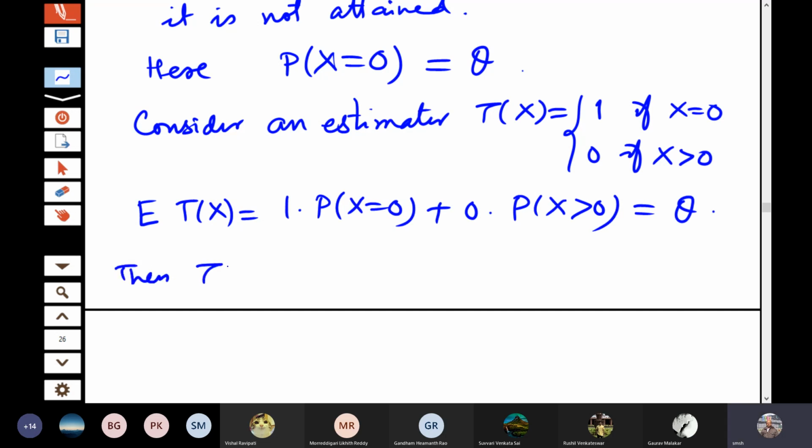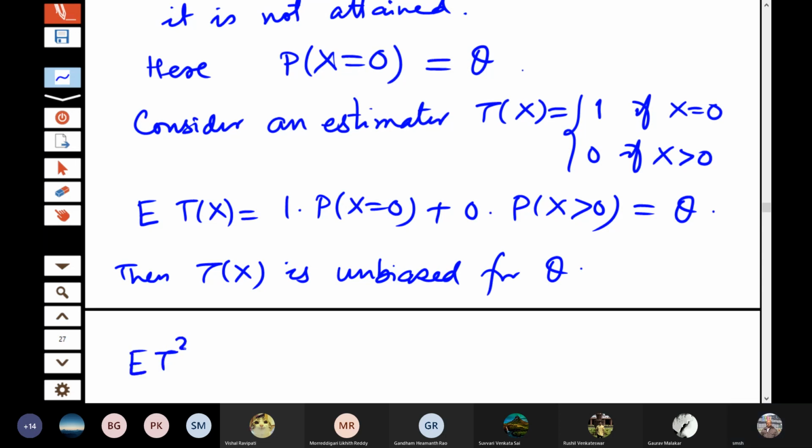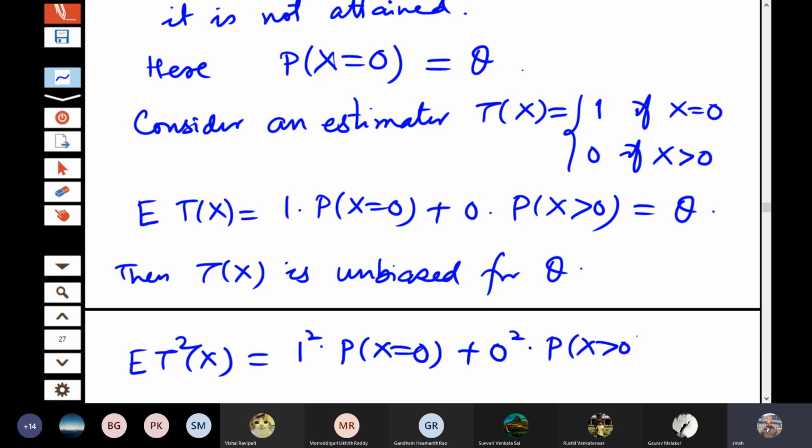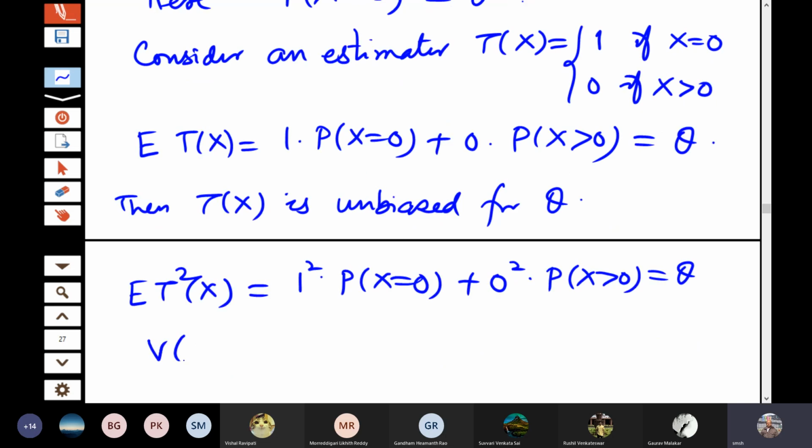Then T(x) is unbiased for theta. Let us look at what is the variance of this one. So expectation of T square is also the same, because it is 1 square into probability x equal to 0 plus 0 square into probability x greater than 0. So that is again theta. So variance of T(x) becomes theta minus theta square, that is theta into 1 minus theta.